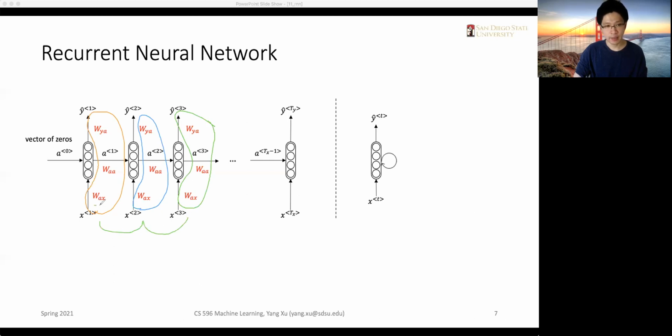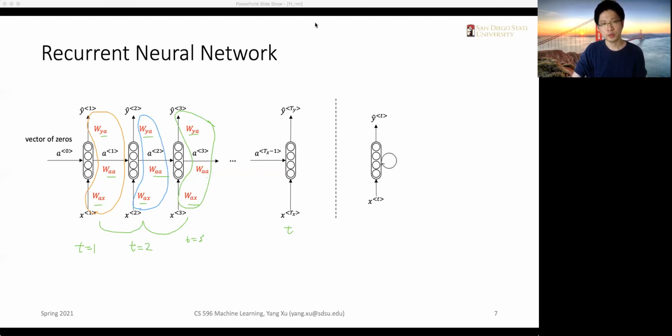The WAX used in time step 1 is actually the same WAX used in time step 2, and the same one used in time step 3 until the last time step. And the same for the WAA and the WYA. All the parameters are shared across time steps. That is the most important characteristic of a recurrent neural network.